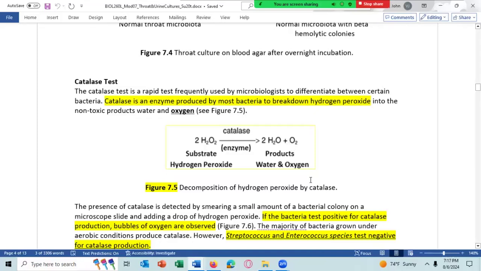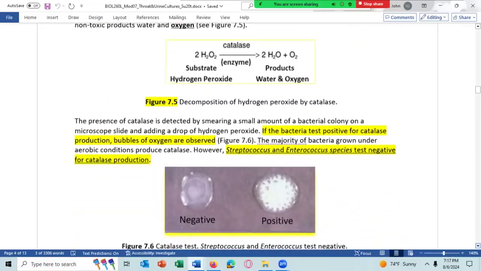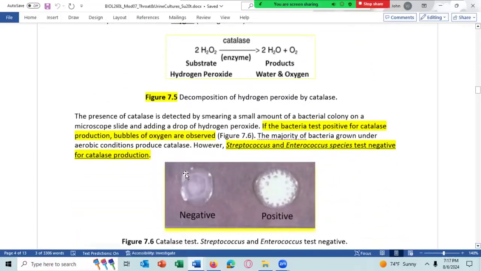If the bacteria test positive for catalase production, you see bubbles of oxygen produced. Streptococcus and Enterococcus species test negative for catalase production. So they will be negative, and a catalase positive would not be Streptococcus pyogenes.